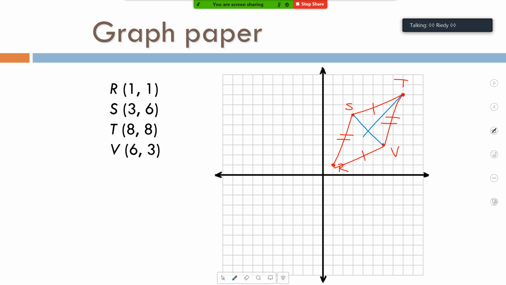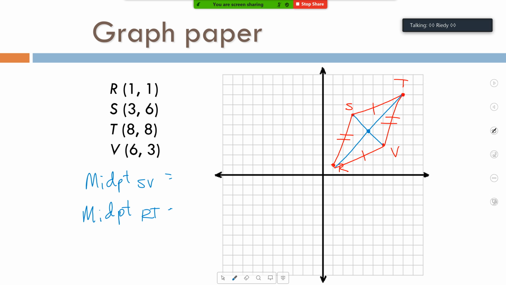If this is a parallelogram, then the diagonals bisect each other, which means that that blue dot is the midpoint of both diagonals. So you could find the midpoint of SV, find the midpoint of RT, and show that it's the same point.